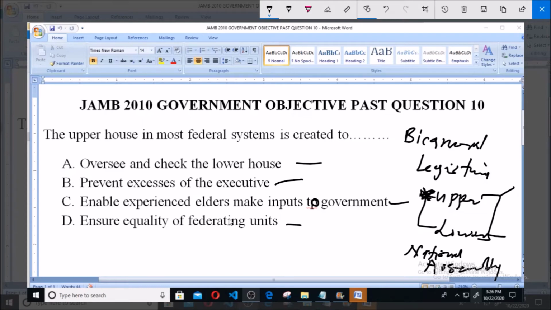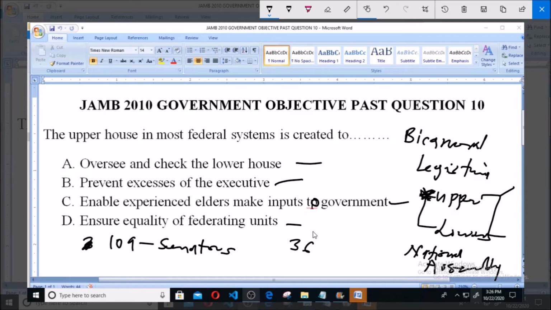Why? In Nigeria's federal system, we have 109 senators. And the calculation for this 109 senators is that we have 36 states in Nigeria, right?